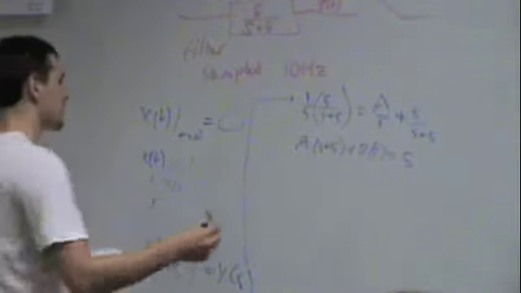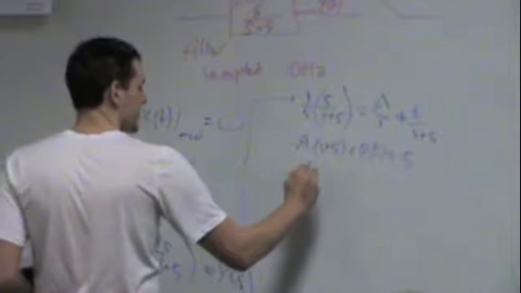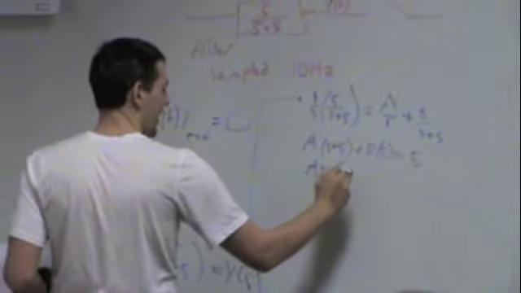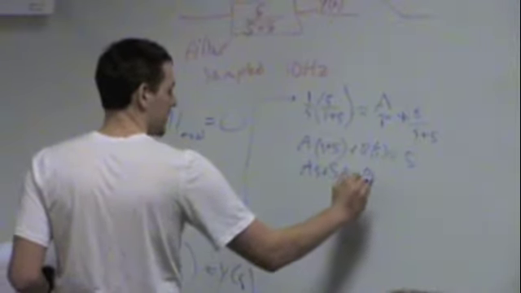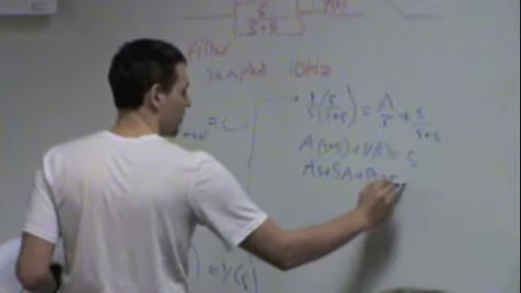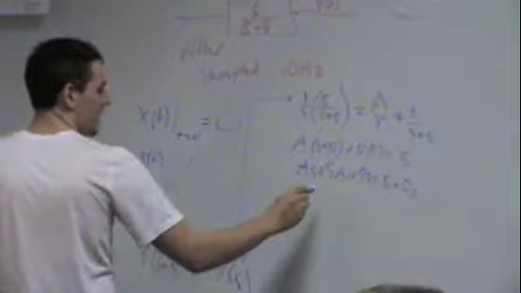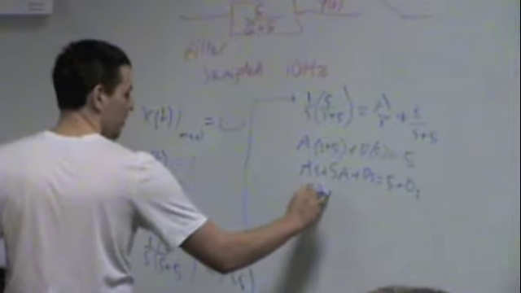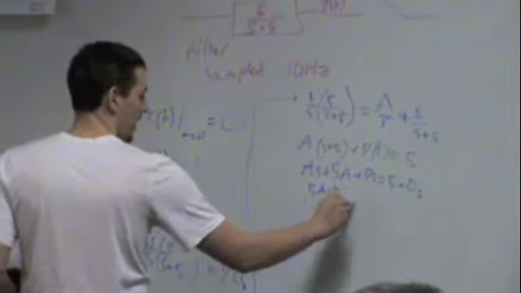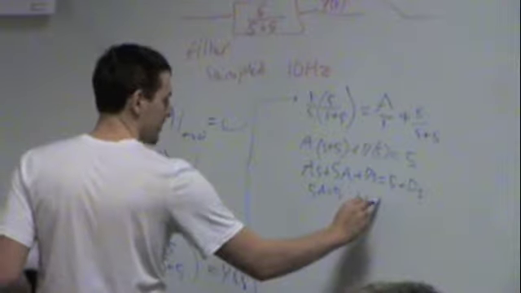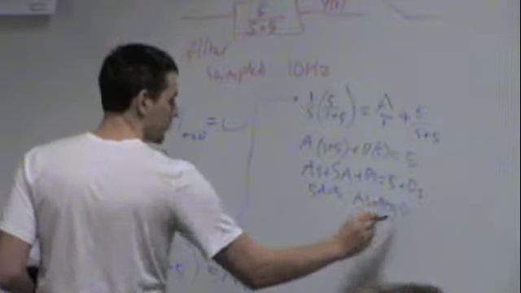So then you have As plus 5A plus Bs equals 5 plus 0s, which makes it easy to do math. 5A equals 5, and then As plus Bs equals 0.